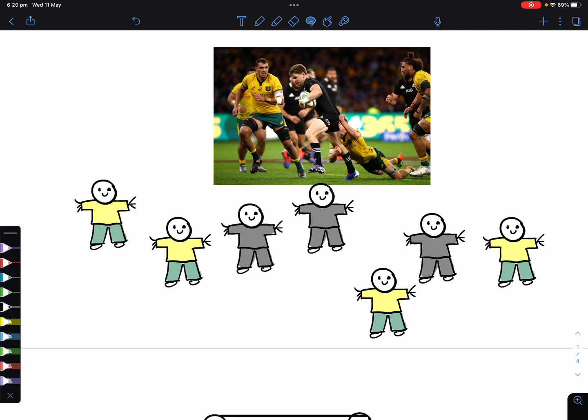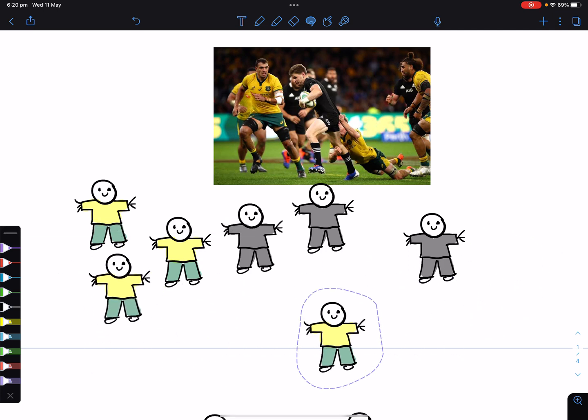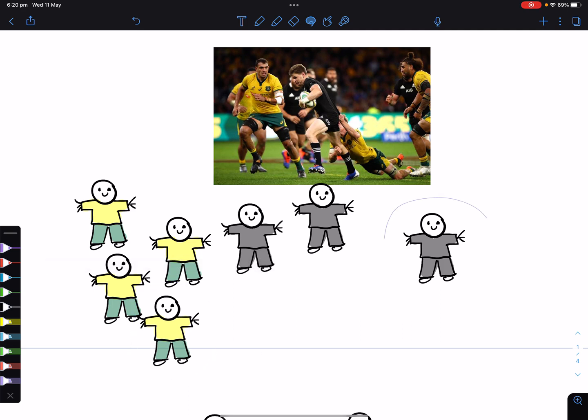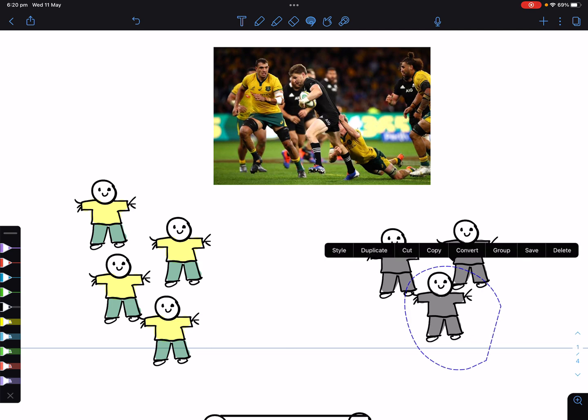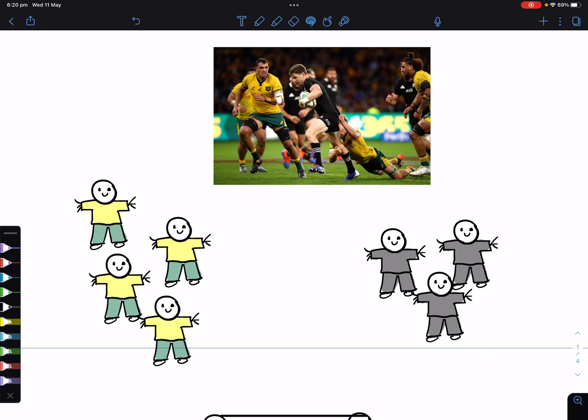Now, I did say to you that if they're wearing the same uniform, then they kind of go together, don't they? So if I group all the yellow-green people together and all the black uniform people together, I'm gathering like players. I'll give you a hint.